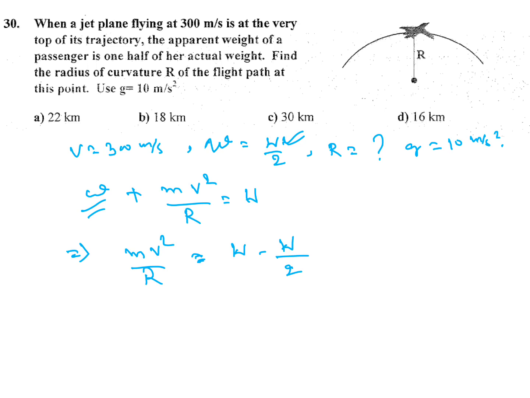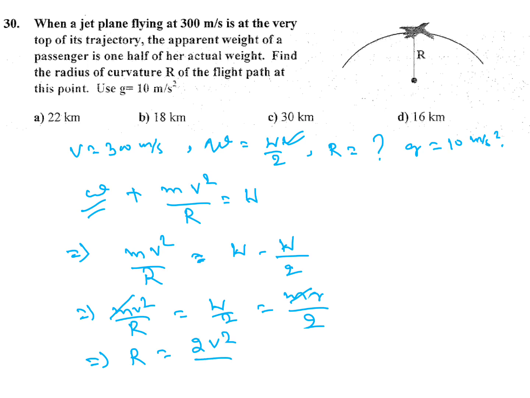So mv square by r equal to W by 2. W is mg by 2, m cancels, then r equal to v square by 2g... We'll put the value, 2 into v, 300 square, 300 into 300 by 10, it's 30 into 3, 9 into 2, 18 into 10 to the power 3.